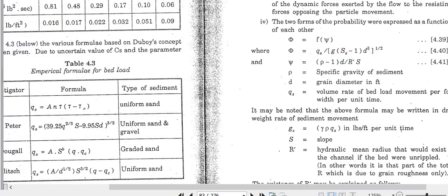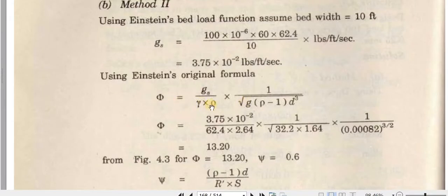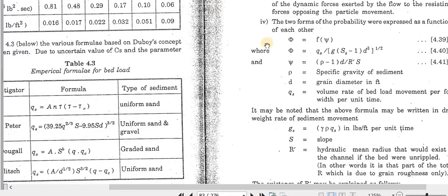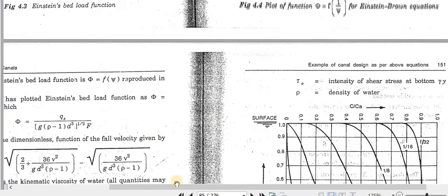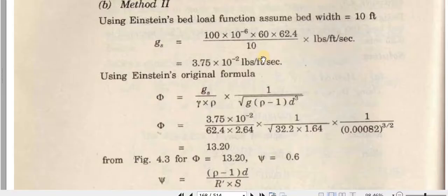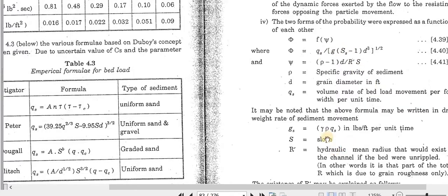And you have to find the probability 1, and the probability 1 will be equal to, and this is the equation. QS will be equal to GS over gamma into rho.